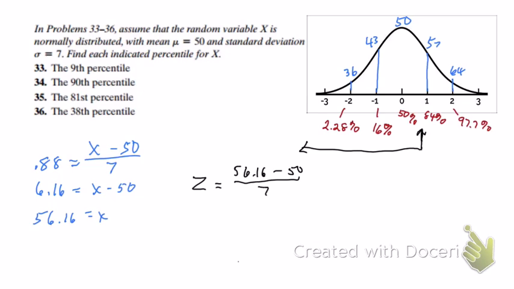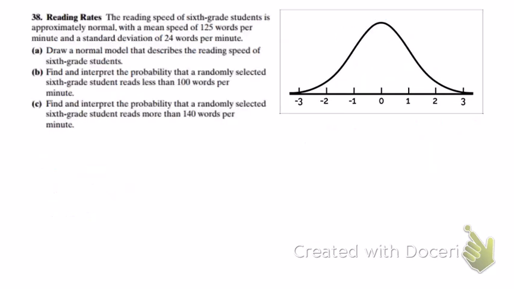What would I get? 0.88. What did we do? We found the area first and then worked our way back to the z-score. If I took the value that we found and found its z-score, we should get the same z-score that we figured out. Okay, let's look at this kind of problem.